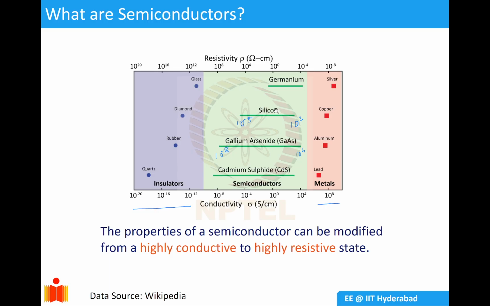Some popular semiconductors are silicon, germanium, gallium arsenide, cadmium sulfide. For silicon, the conductivity can be modified from 10 raised to power 3 Siemens per centimeter to 10 raised to power minus 5 Siemens per centimeter. For gallium arsenide, this is even higher. It can go from 10 raised to minus 8 to 10 raised to power 4.